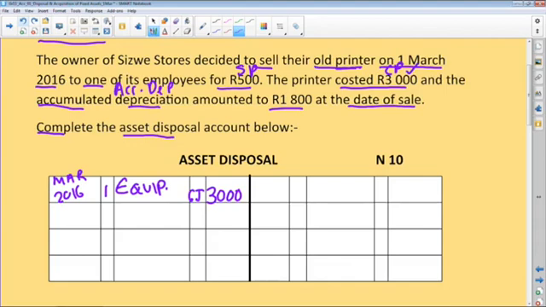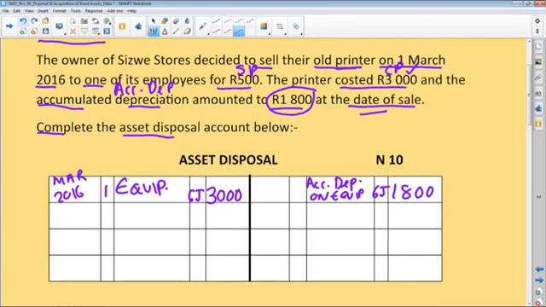Now let's go to accumulated depreciation. My accumulated depreciation at the date of sale amounted to 1,800. So on the credit side of this account, 1,800. Once again, a general journal entry would have been made. The other account affected will be accumulated depreciation on equipment.